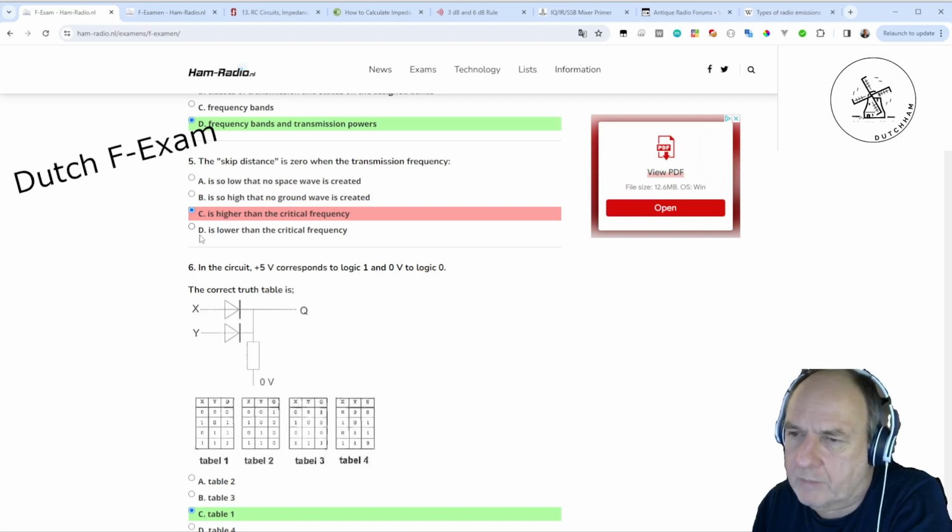I have to look into that, because I would say that if it is lower than the critical, then you still would have sky bounce.